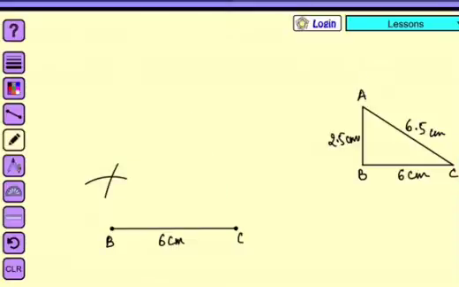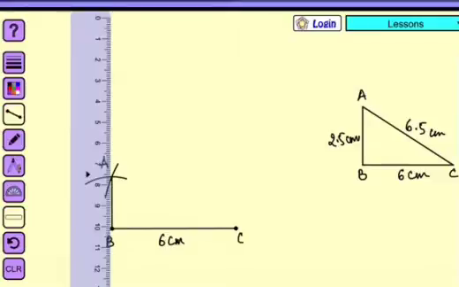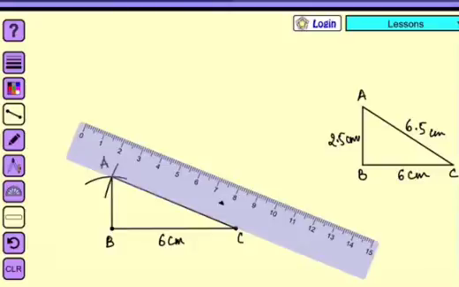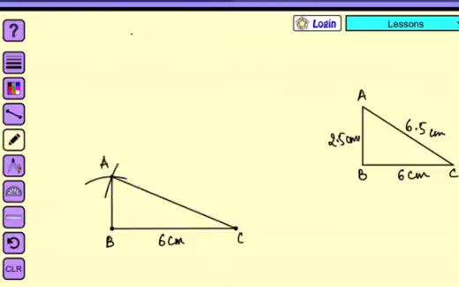So we've got a point of intersection. This point of intersection is to be marked as, what do we have? BC we have already. It has to be marked as A. So this becomes A. We'll have to join AB and AC. We have joined AB and AC.